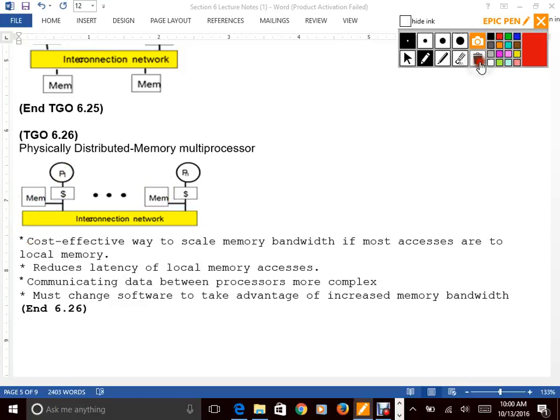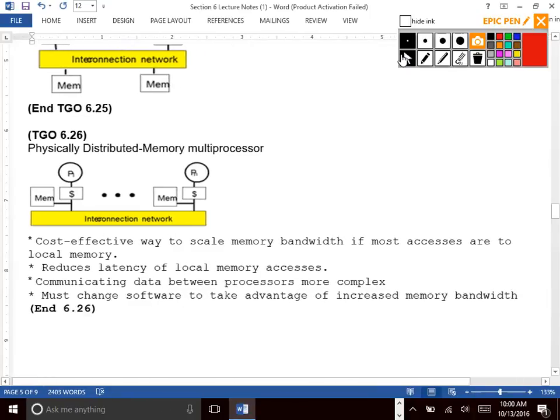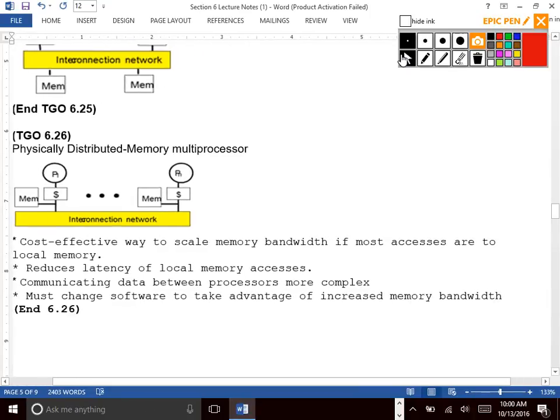So it's also cost effective. If you're looking for low cost, this is the way to go. It's a cost-effective way to scale memory bandwidth if most accesses are to local memory. It reduces the latency of local memory accesses, and communicating data between processors becomes more complex.